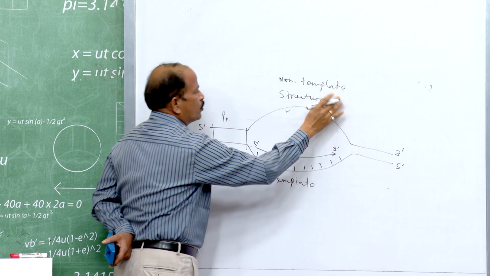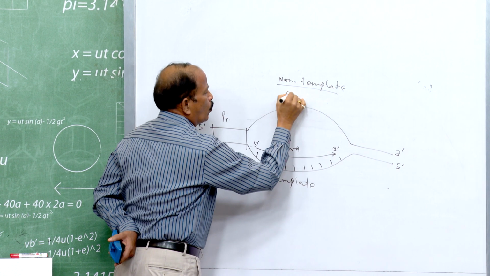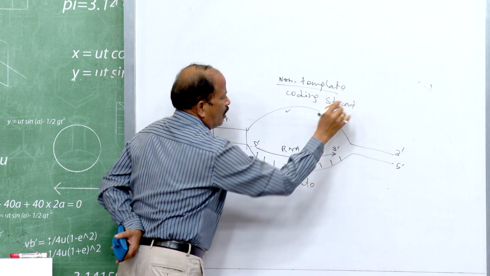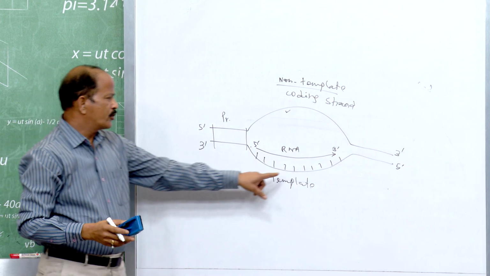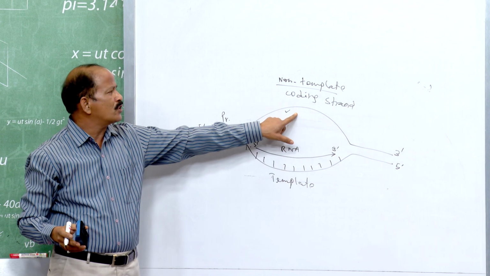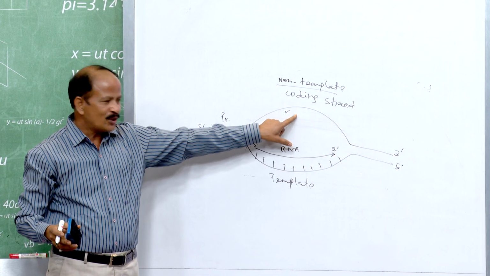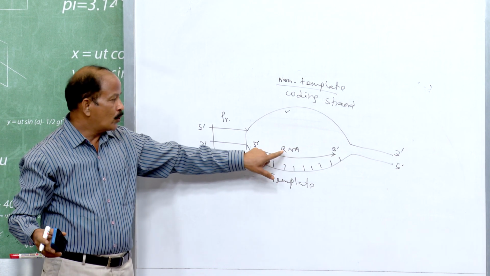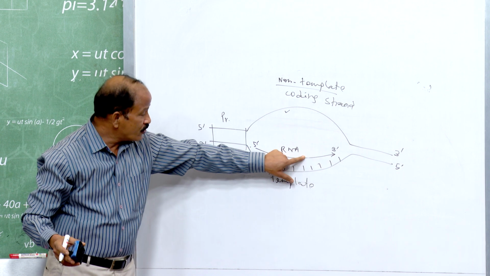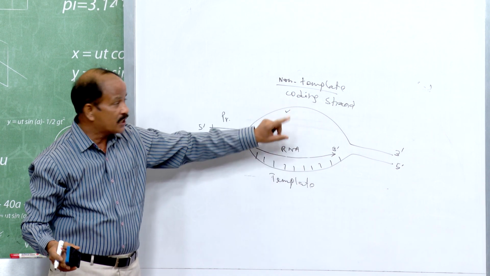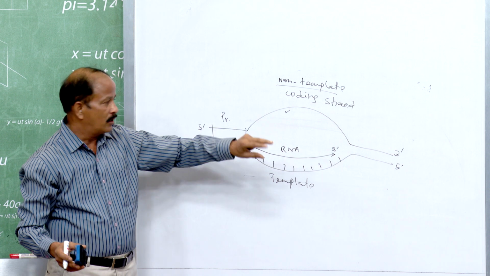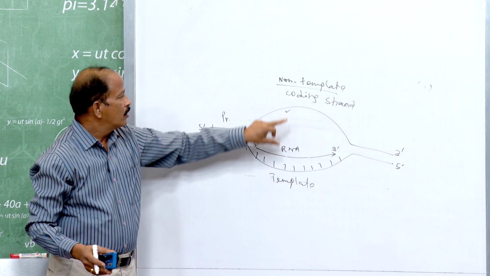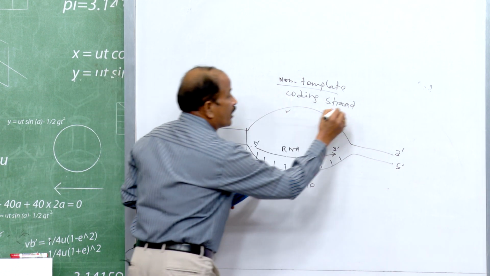Here let me tell you, this non-template strand is your coding strand. It seems very odd, because this is giving rise to RNA, but how can this be called the coding strand? Because this RNA has the sense for protein, it codes for protein, as this strand is equal to this strand excepting thymine and uracil. That is why this strand is called the coding strand, and this strand is also called the sense strand.